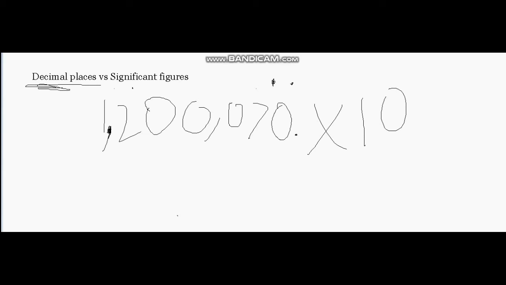Every number has a decimal point, and if there's no number after, then the decimal point is right behind the last digit. And in order to get it here, we moved it 1, 2, 3, 4, 5, 6 places to the left. And so in order to get this number back to 1,200,070, we would have to multiply this times 10 to the 6.